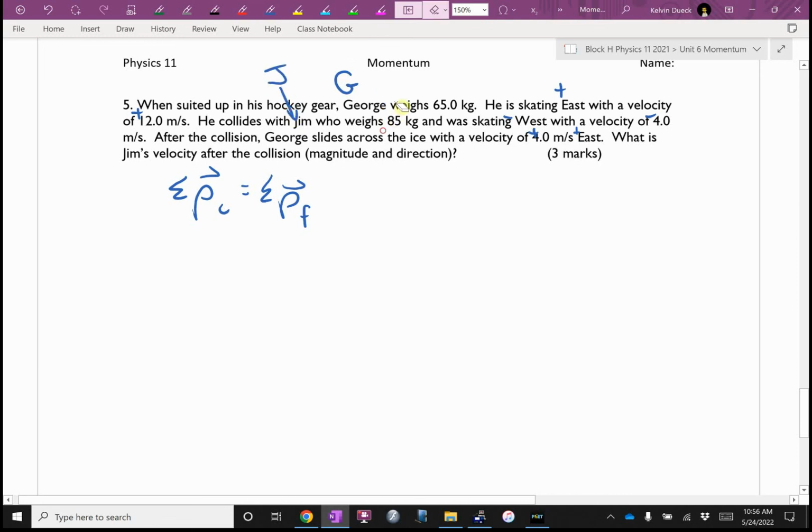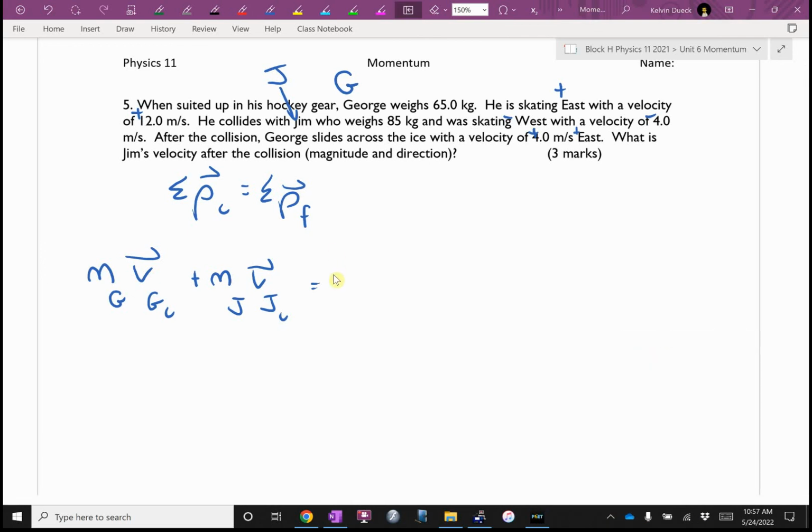That makes way more sense to me. Then I can just keep track of this. So I have mass George, velocity George initial, plus mass Jim, velocity Jim initial. Wham, they collide. Do they stick together or are they separate? Separate. Okay. Pause for a second.